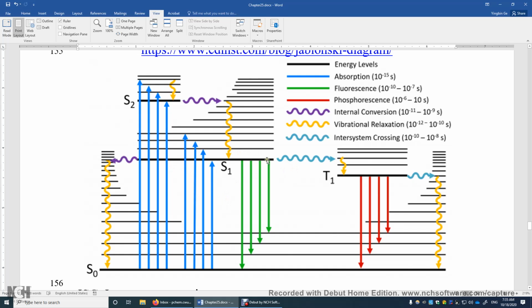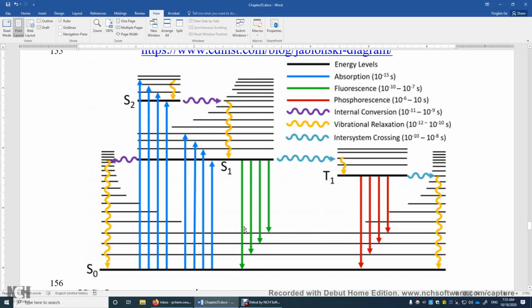Fluorescence. The lifetime of the excited state is typically short, so it can just undergo de-excitation back to the S0 electronic state. There are also multiple arrows here because, again, even if you start with a 0 vibrational quantum number, you may end up with 0 or 1 or 2 or 3 vibrational quantum numbers.